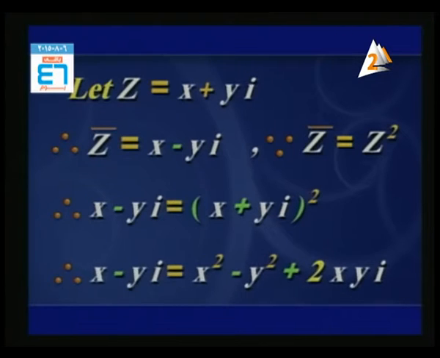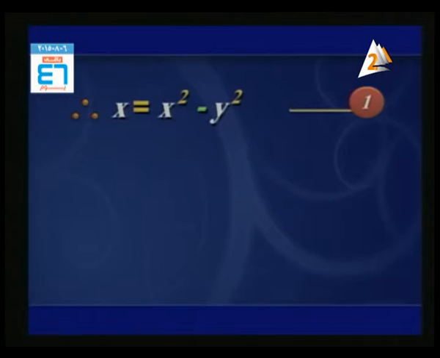Then x − yi equals x² − y² + 2xyi. Therefore, x equals x² − y², and this is equation number 1, and y equals −2xy.